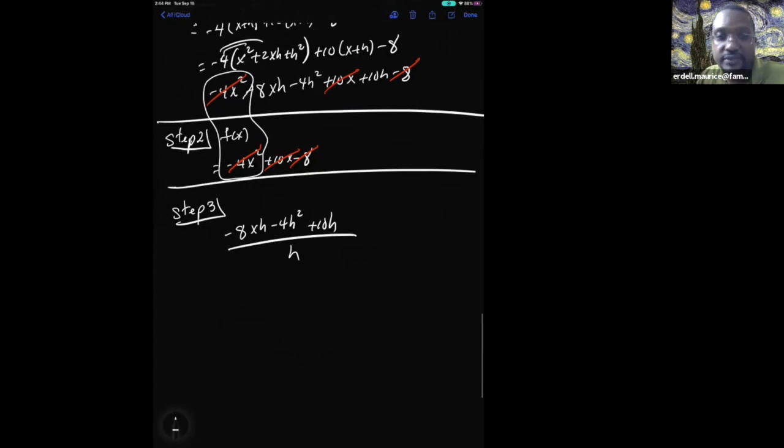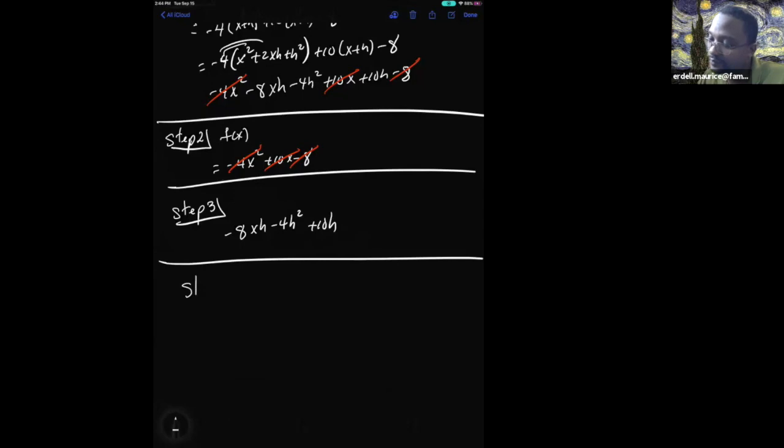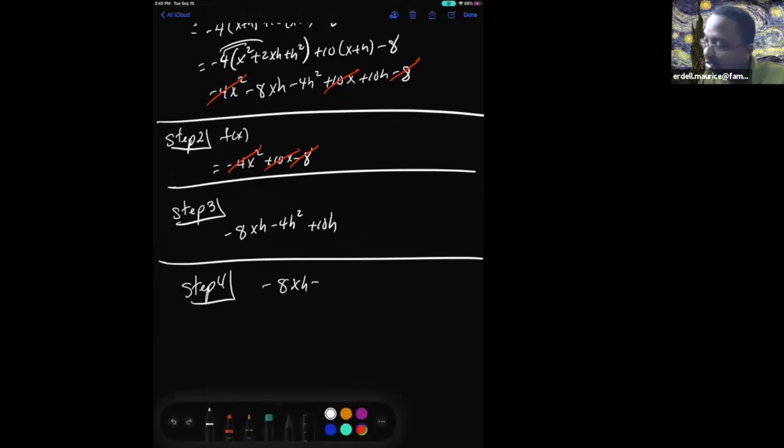And so down here, I am dividing by h. So this will cancel, and this will cancel, and this will cancel, and this will cancel. Oh, that's step 4. I'm mixing steps together. Right, and step 4 is to then divide by h: negative 8xh minus 4h squared plus 10h divided by h.